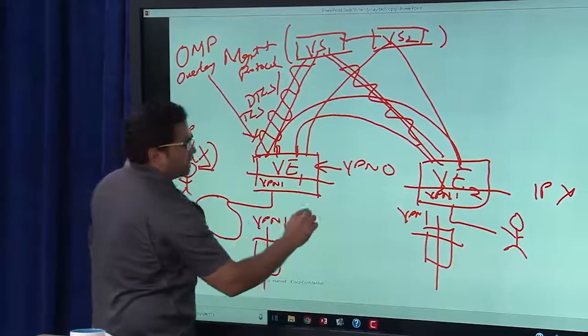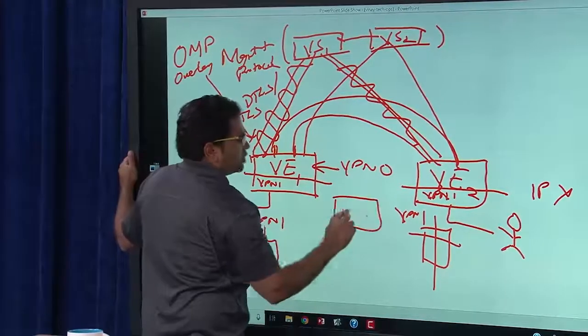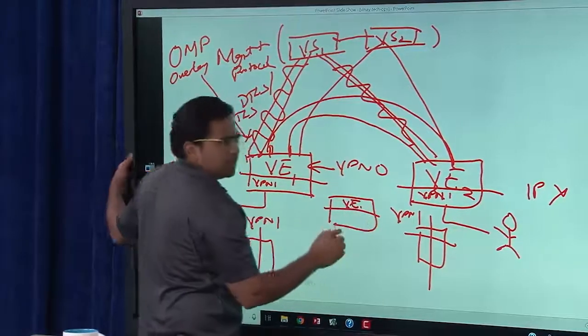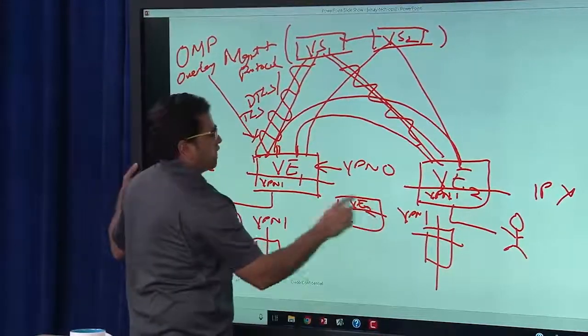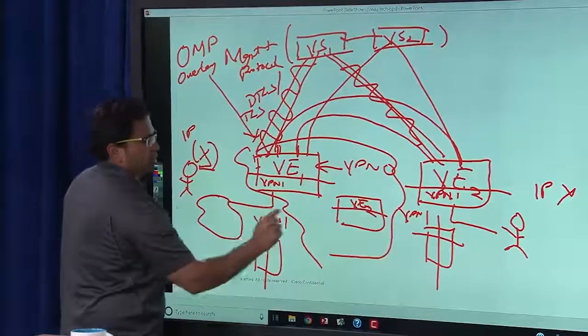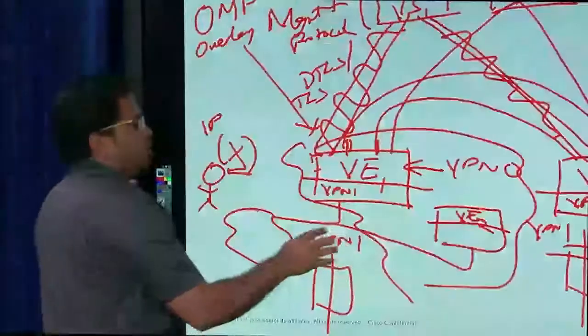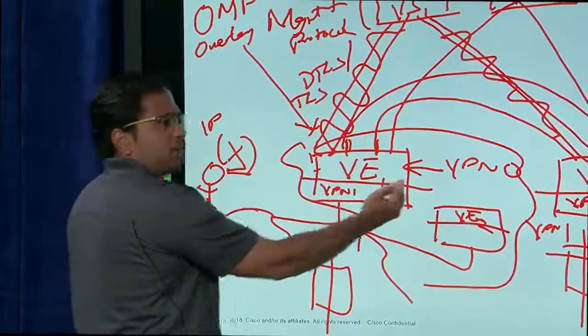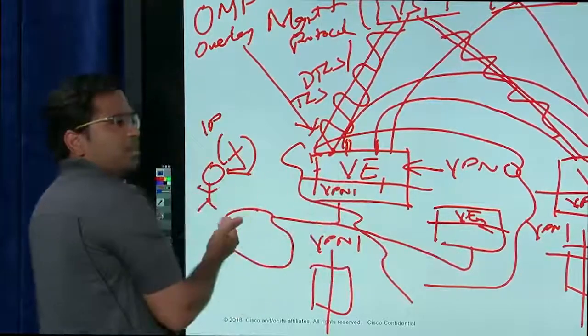And if a site consists of multiple nodes, you really don't want to establish connectivity between those two nodes themselves. So you could have a site that's front-ending the same user. So you don't need a loop right here where VH1 is talking to VH2 while front-ending the same user.